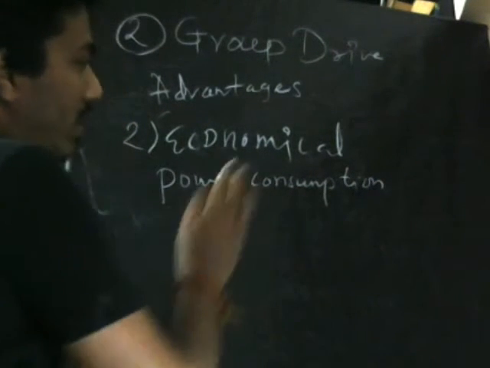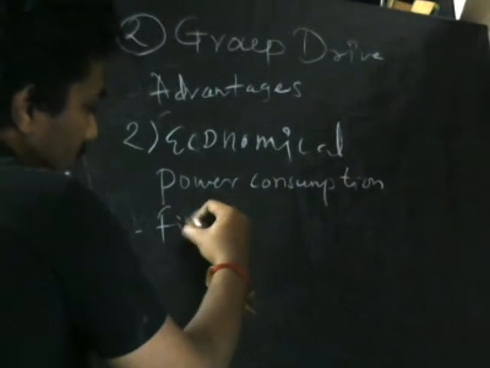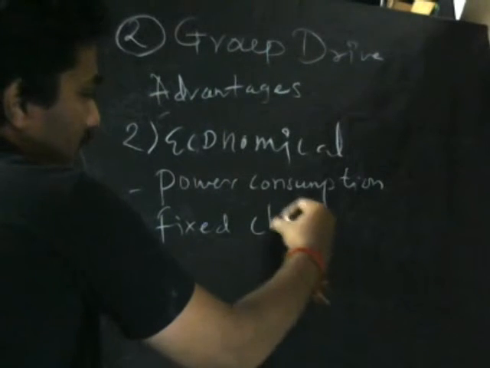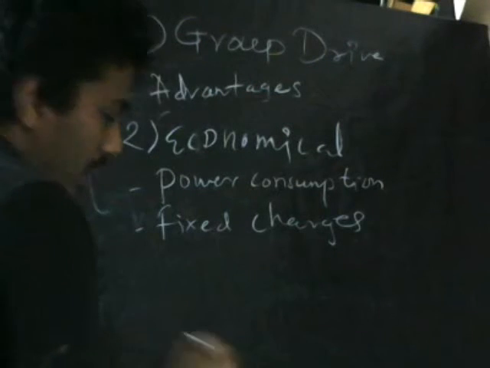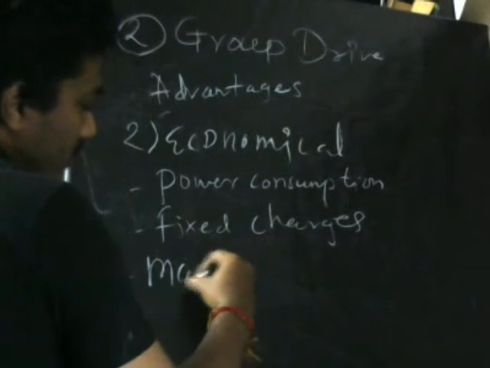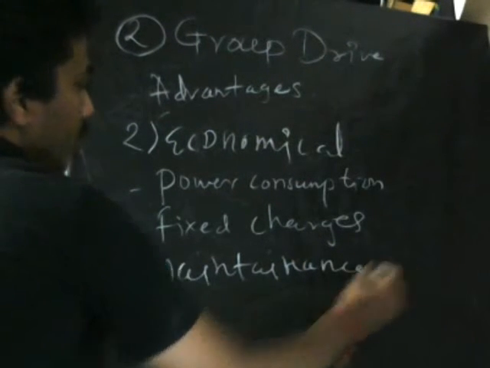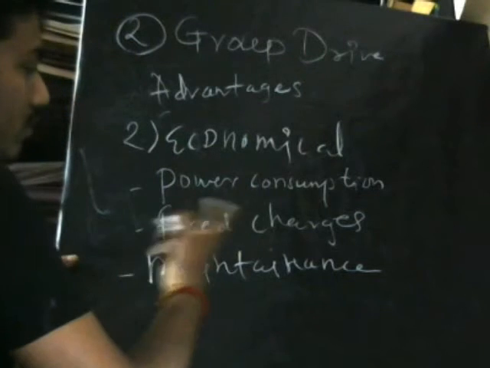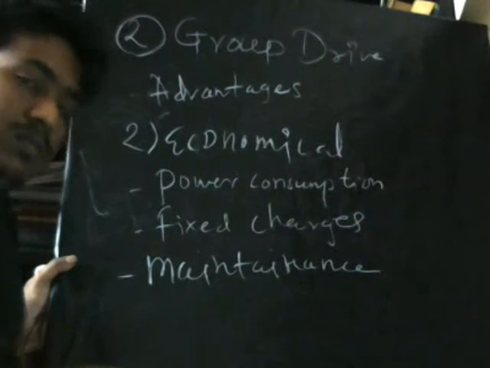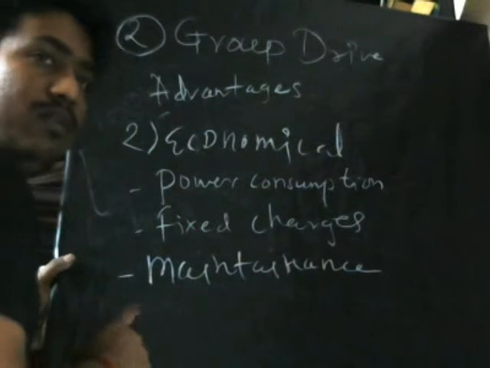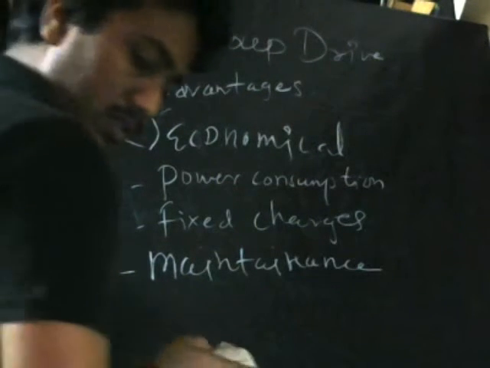It is economical in case of power consumption and fixed charges, where we are having fixed charges. Also, in case of maintenance, low maintenance. So, economical in case of power consumption, fixed charges, and maintenance. So, this is how it is suitable. But after that, we also have some disadvantages for group drive. So, what are they? Let's see. There are a lot.